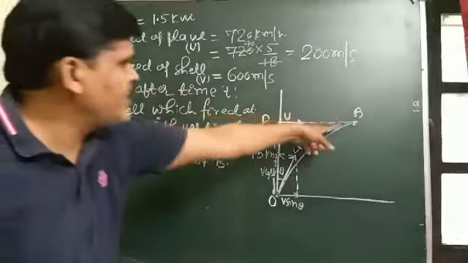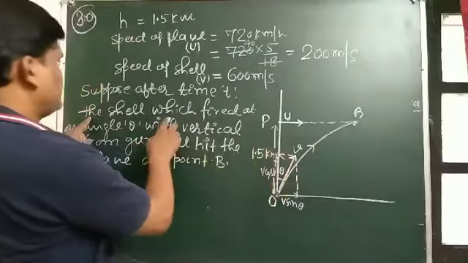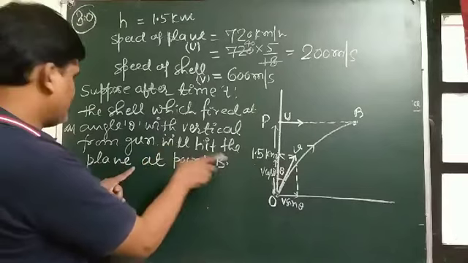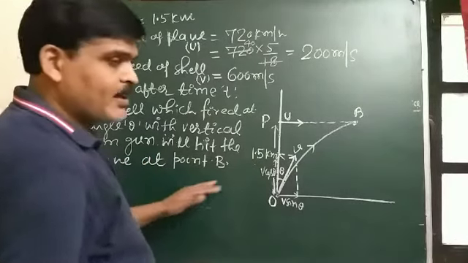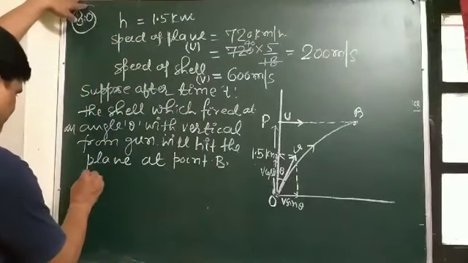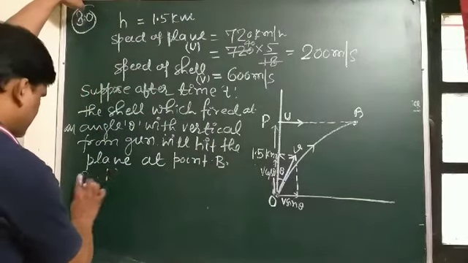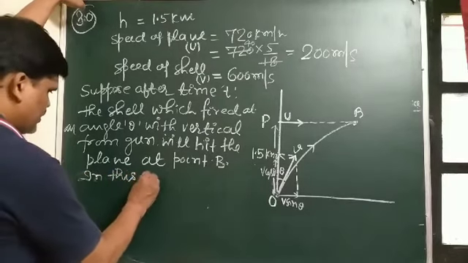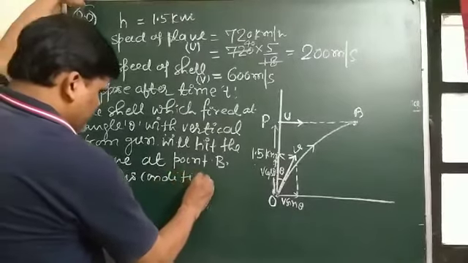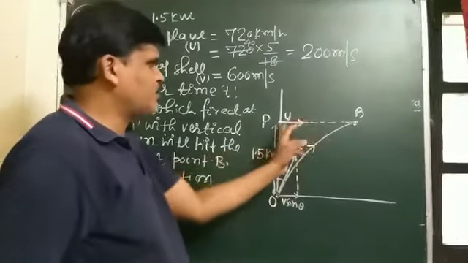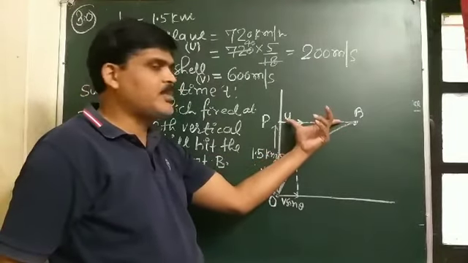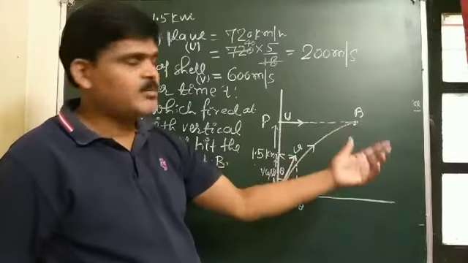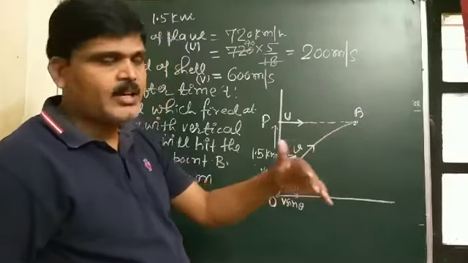Suppose after time t, the shell which is fired at an angle theta with the vertical from the gun will hit the plane at point B. In this condition, when the shell hits the plane, it means the horizontal distance traveled by the plane in time t is equal to the horizontal distance traveled by the shell in time t.